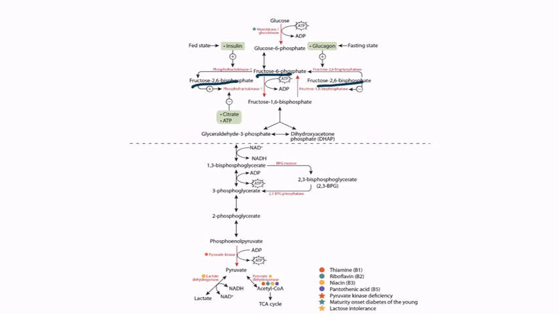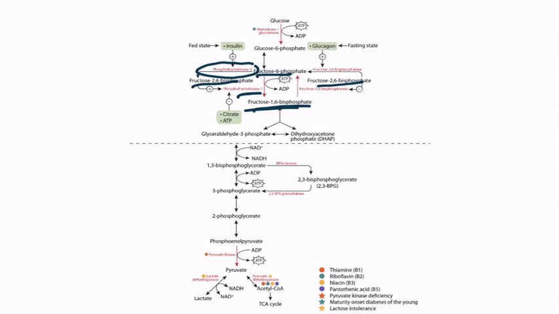Notice that fructose 6-phosphate is converted to fructose 2,6-bisphosphate by the enzyme phosphofructokinase 2, right here. Fructose 2,6-bisphosphate induces glycolysis by upregulating the enzyme phosphofructokinase 1.